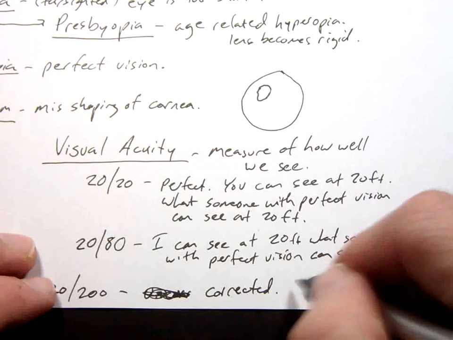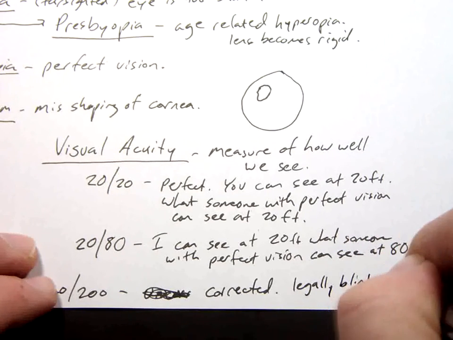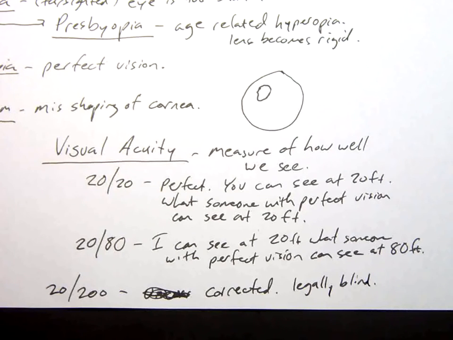At 20/200, if corrected. Now, there's plenty of people walking around with glasses and contacts that correct back to 20/20, and they're fine. But if they've done all they can do to correct your vision and you still are 20/200, then you're legally blind. Okay. So that's what visual acuity is.